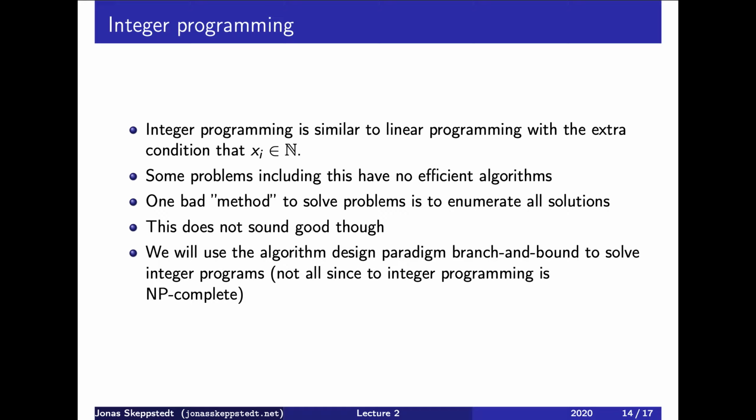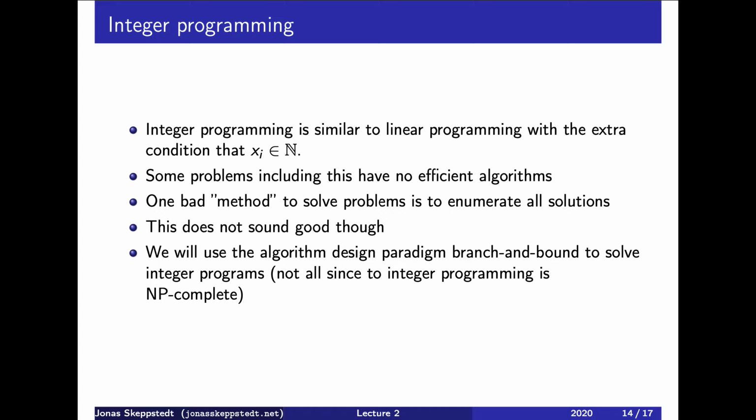And what we do instead is to use the design paradigm branch and bound, which essentially creates a search tree with the different possible solutions, and tries to limit the size of this tree as much as possible.